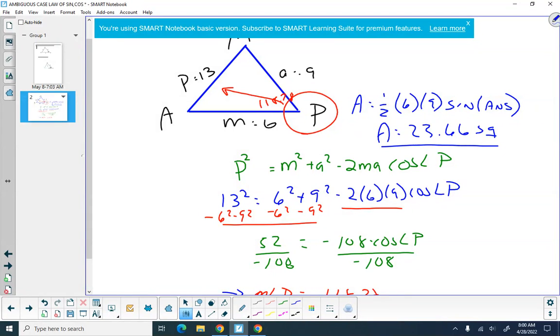Second section dealt with the law of sines. Once again, just write out your law of sines ratios. You're going to be given 3 of the 4 values. Once you know 3 of the 4 values, you can find the 4th value there. Questions about law of sines?